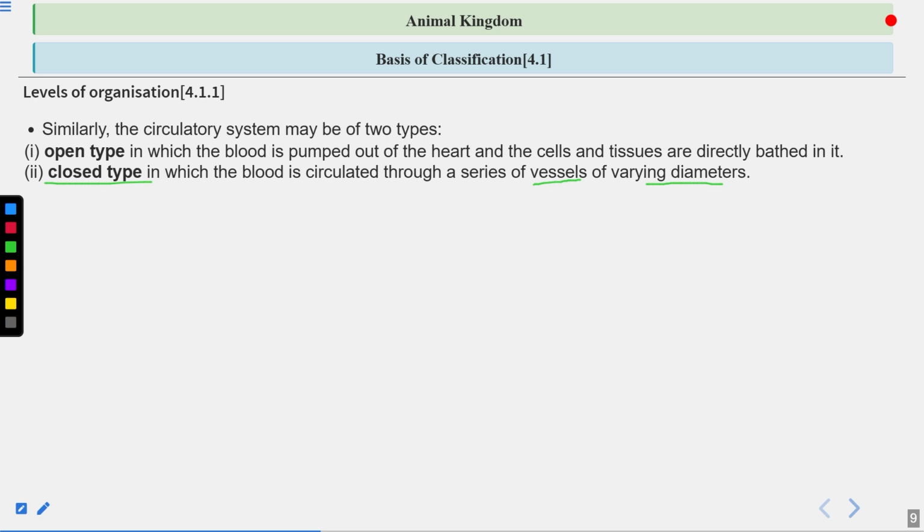So I hope you know what is the meaning of open type. The blood is poured directly all over the cells and tissue. So here, the phylum example you want to know.